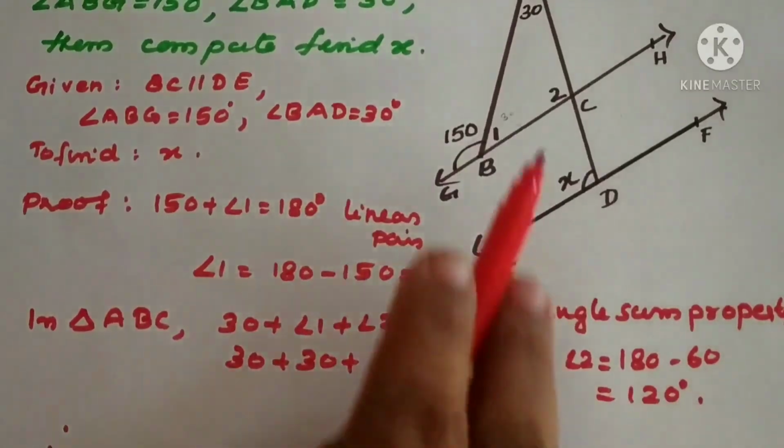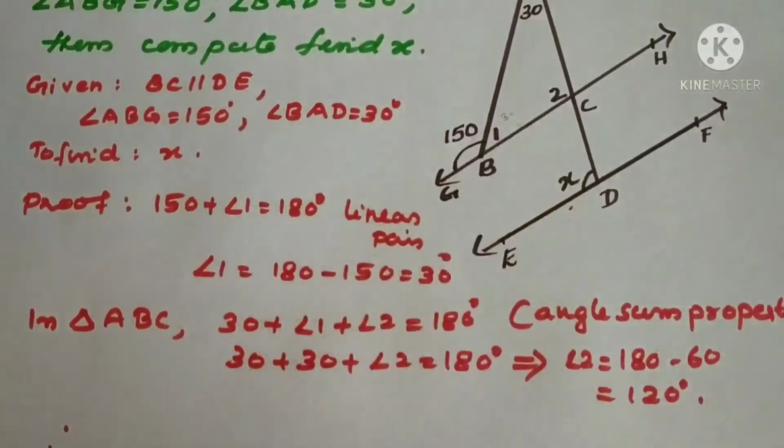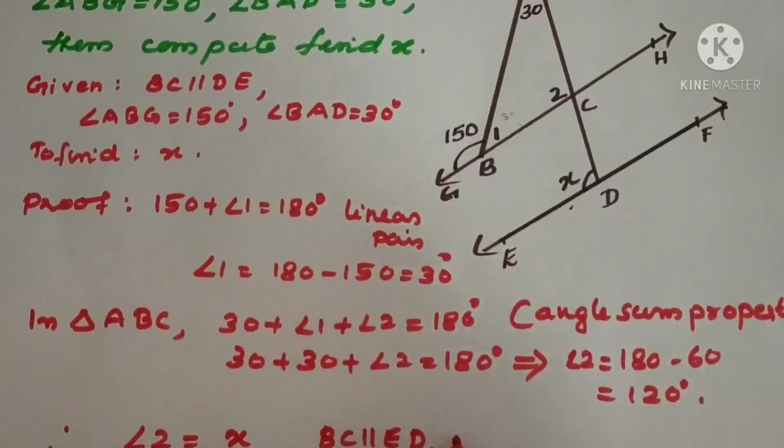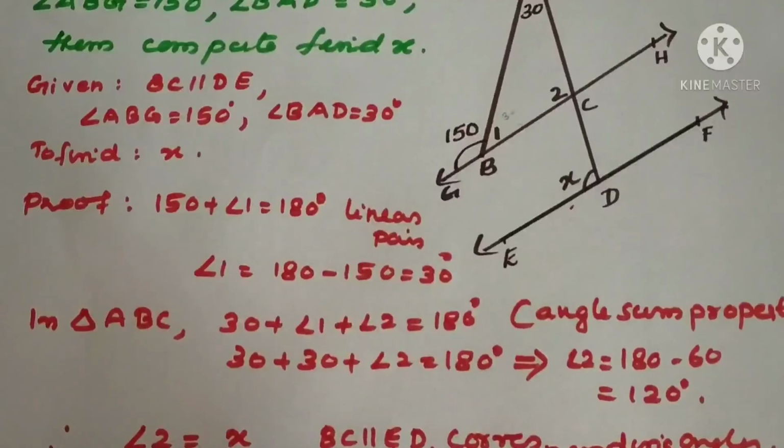Therefore, angle 2 and angle x, if we consider, both are corresponding angles only. So, angle 2 equal to x, BC parallel to ED and also corresponding angle. Therefore, angle 2 equal to x equal to 120 degree.